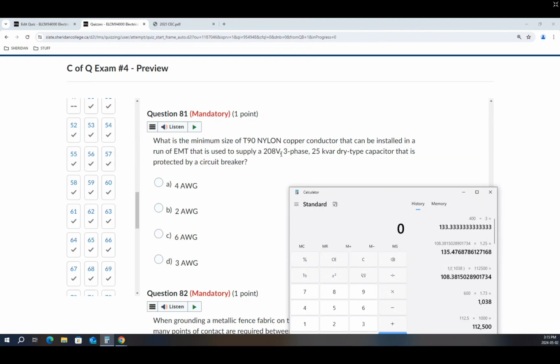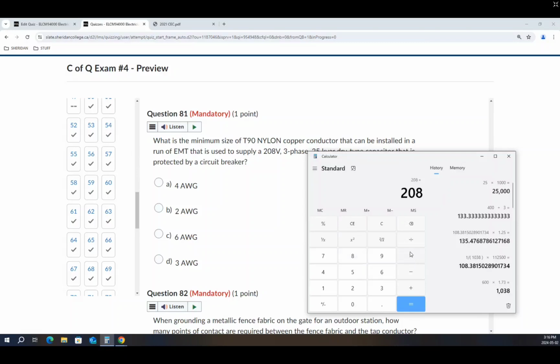I'm going to do my 25 kVAR times 1,000 to get rid of the kilo, and I have to divide by my supply voltage, 208 times 1.73, and that's the denominator, so I'll just invert it and multiply it by that. So that's my current.